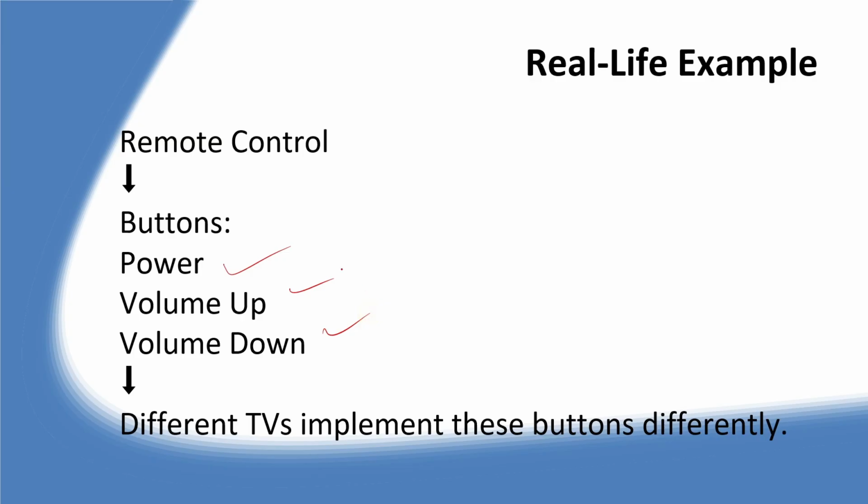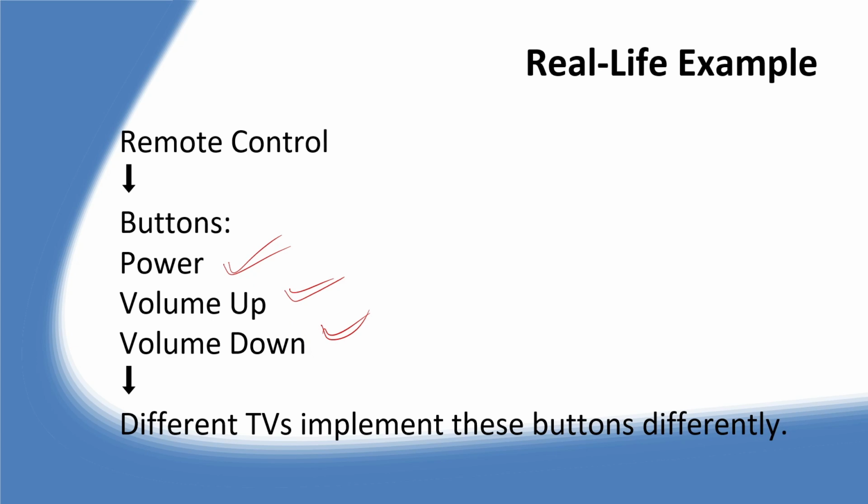But based on the different brand or company, like Samsung, Sony or LG, those different brands will perform these operations differently, because the logic and the processing will be different for each one of those companies. So the remote only defines the available buttons, and each TV decides how those buttons work.